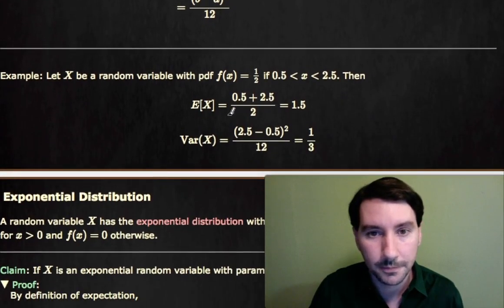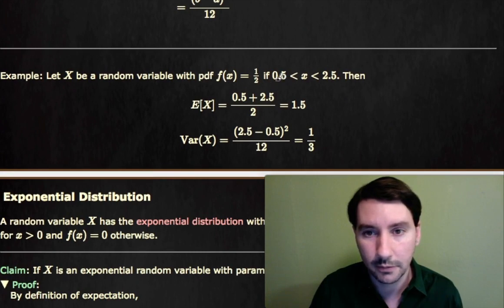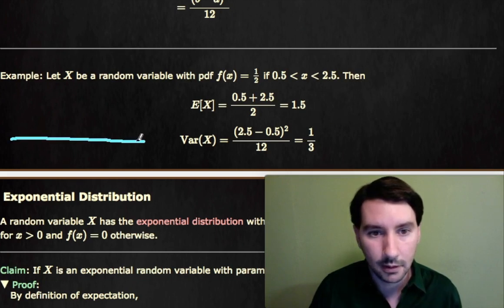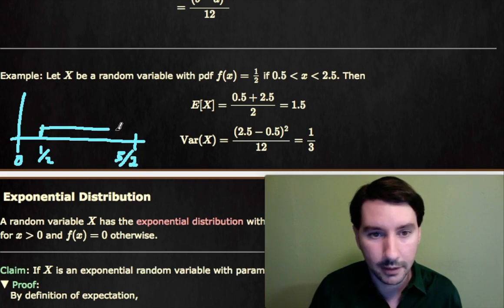So for example, if X is a random variable with PDF 1/2 over the interval from 1/2 to 2.5, then the average value is 1.5 and the variance is 1/3. And if we were to graph this, here's maybe x is 0, so we go to 1/2 or 0.5, and 5/2 or 2.5, and it has height 1/2.